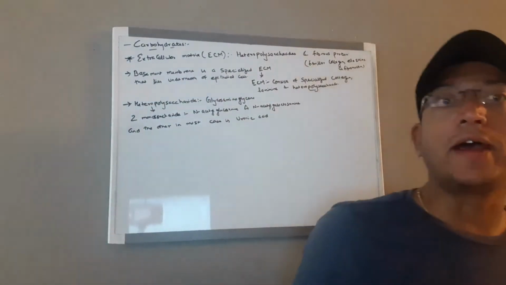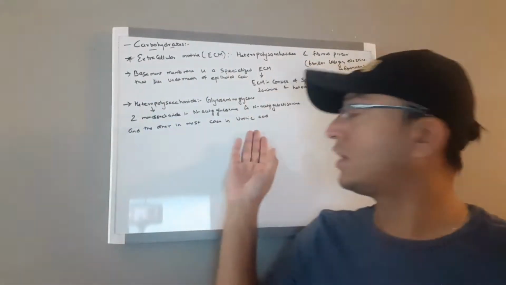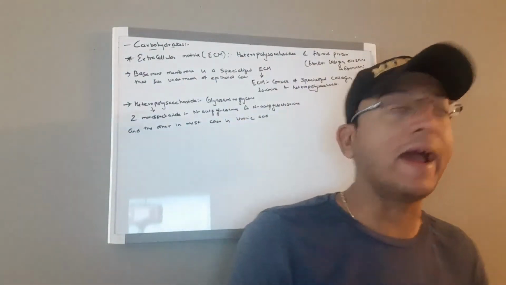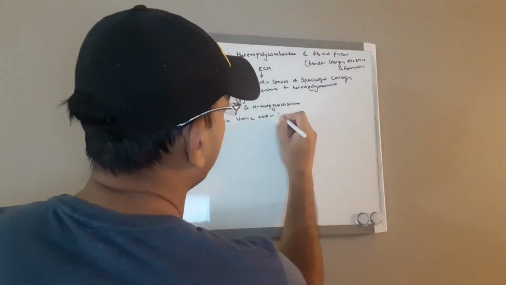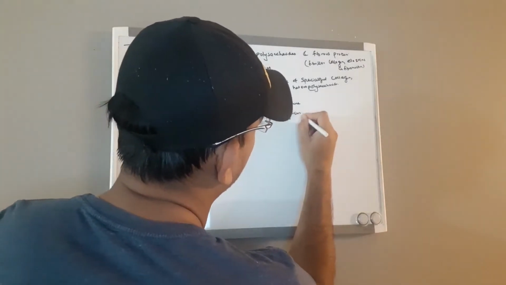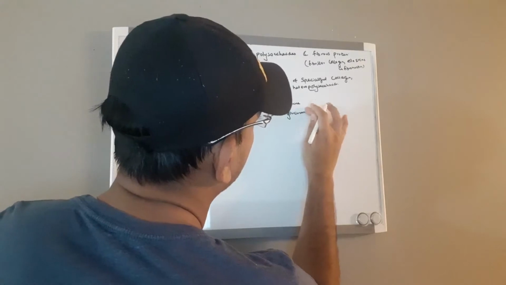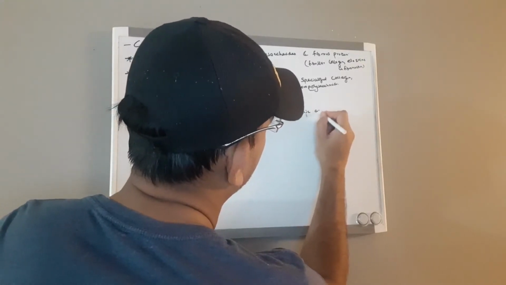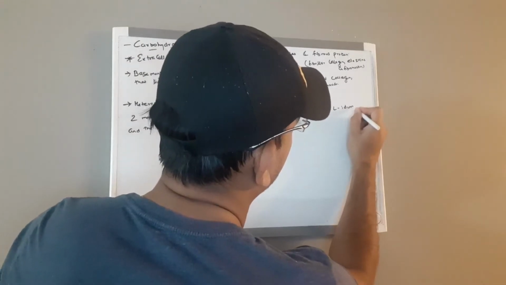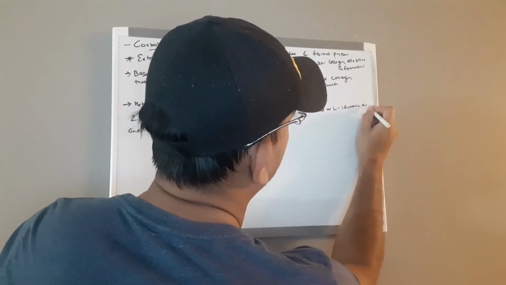That you can see in the hyaluronidase. So this uronic acid usually will be D-glucuronic acid or L-iduronic acid, the uronic acid that is present.